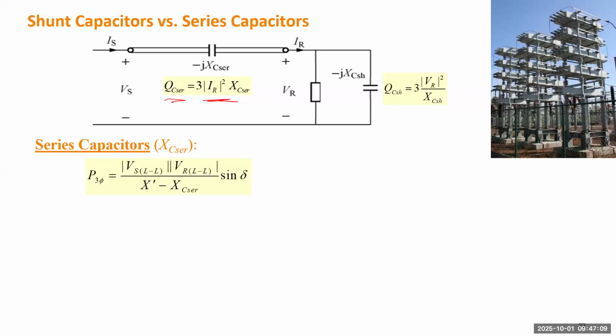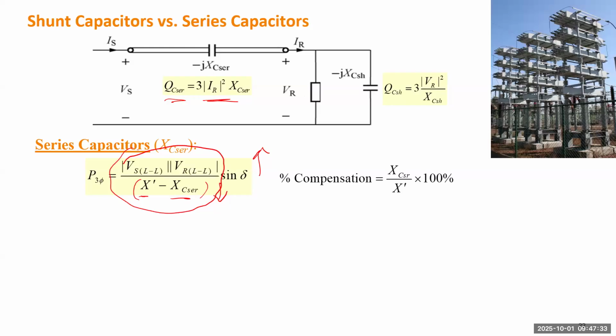So if you calculate the transmitted power, if you add the capacitor there, it will cancel the inductive reactance of your line to make the denominator smaller. So eventually this will decrease and the transmitted power can increase. So one advantage of adding the series capacitor is that it also increases the theoretical capacity of the line, because this is like the theoretical power limit.